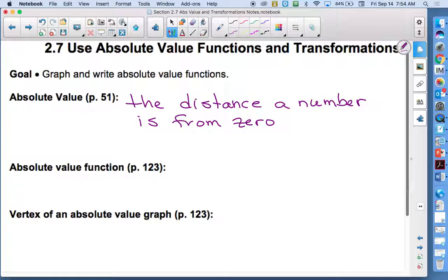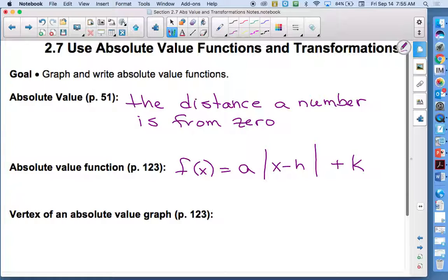An absolute value function contains the absolute value symbol. And it has a lot of letters. A, absolute value x minus h, and then plus k. Those are all the letters that we just went over with the little calculator activity that you did yesterday after your quiz.